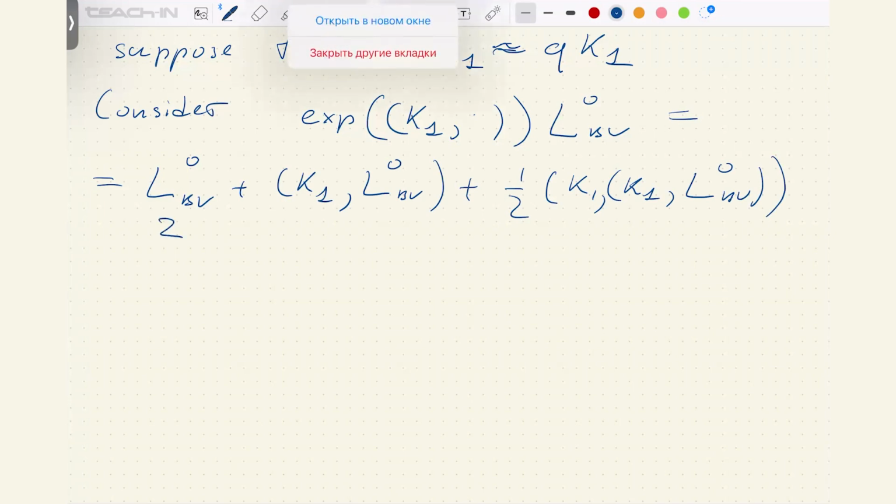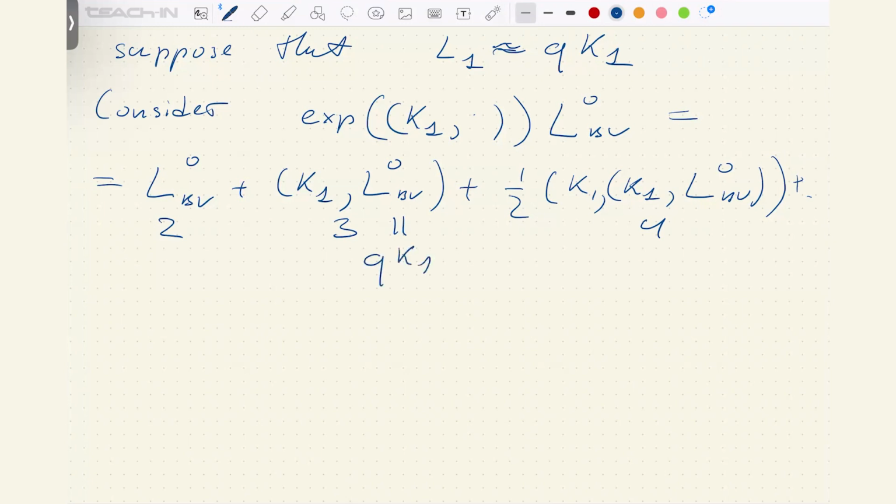This term is of homogeneity 3. This term is of homogeneity 4. So it's just a homogeneity expansion. And you see that in homogeneity 3, this is precisely Q K1.